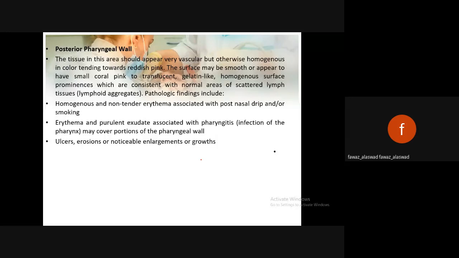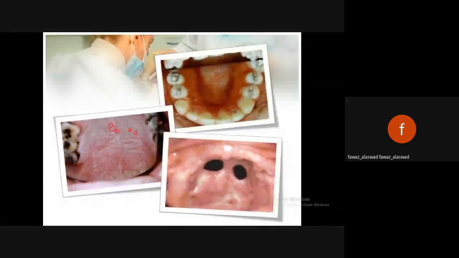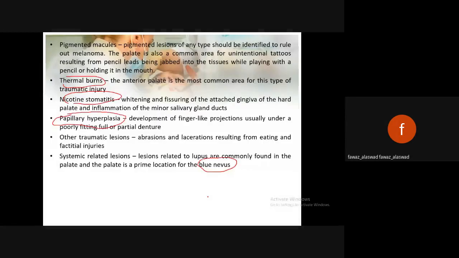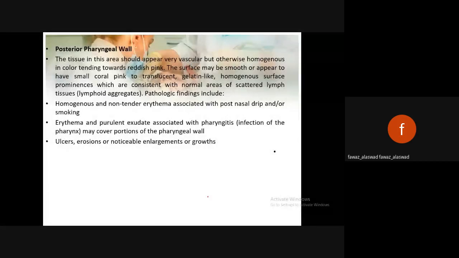Now we are going to have an idea about the posterior pharyngeal area. Let's bring up the picture and talk about it. This is the posterior pharyngeal area. The tissue in this area should appear vascular and homogeneous in color.